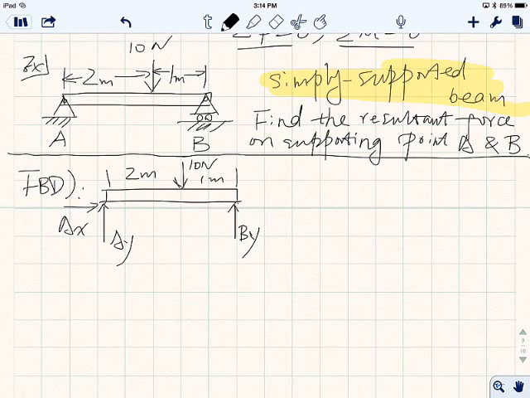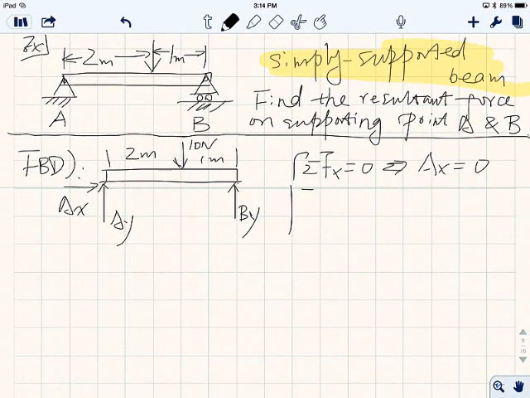Okay, so summation Fx is 0. So we know AX is 0, because AX is the only force in the x direction in this free body diagram, right? Now summation Fy is also 0.